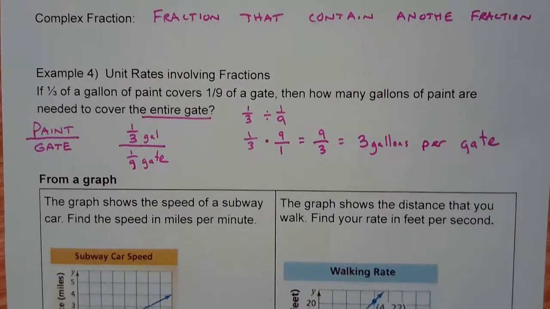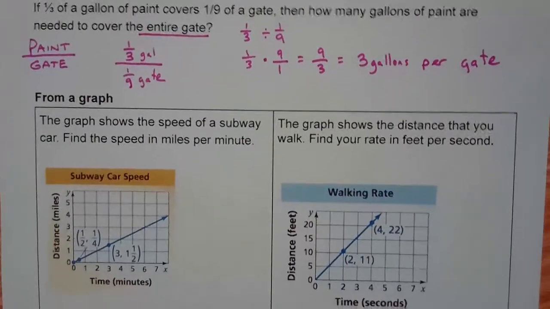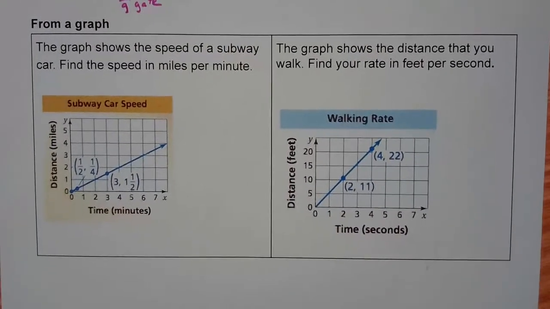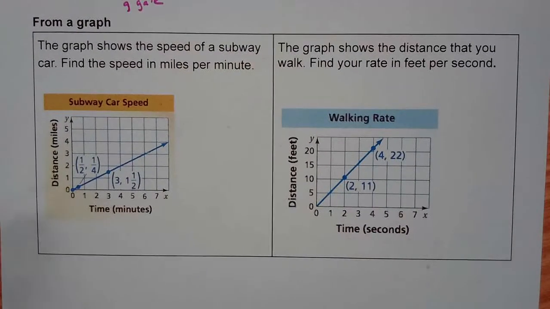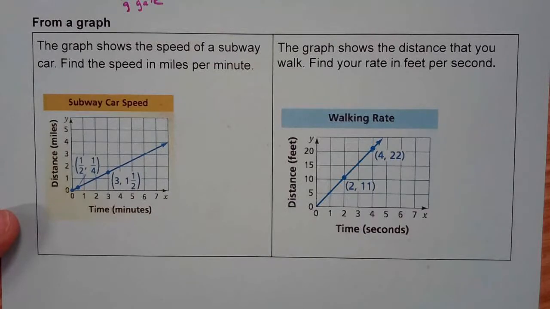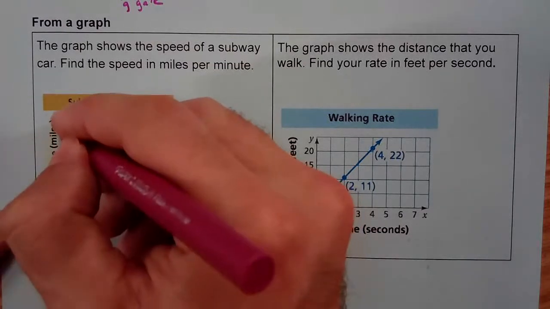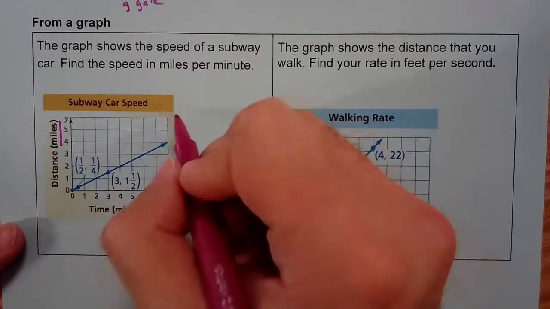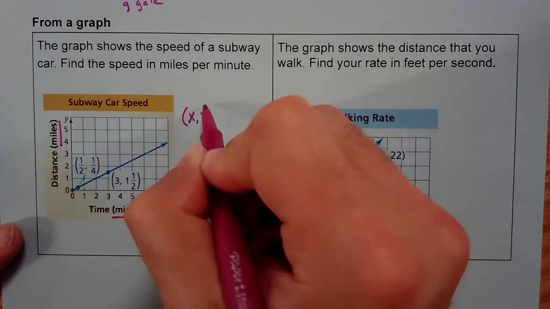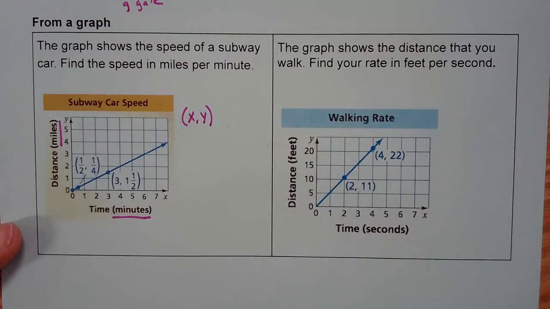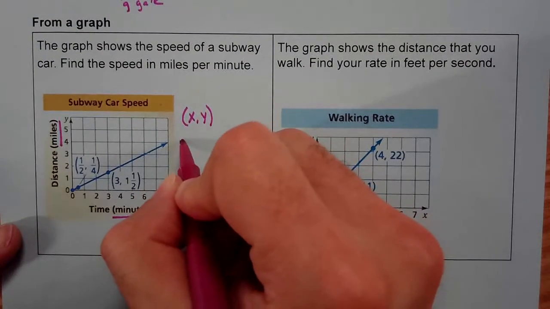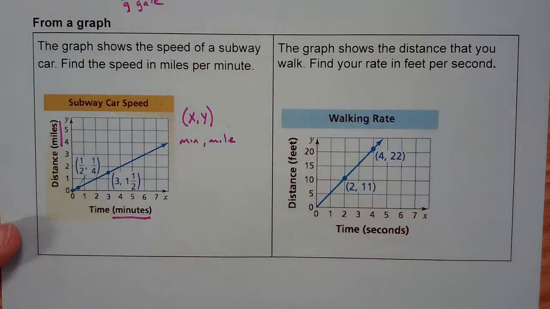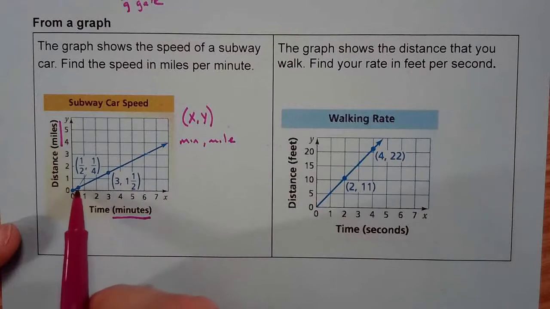All right, from a graph. The graph shows the speed of a subway car. Find the speed in miles per minute. Just as a reminder, x comma y is my coordinate plane. Minutes for x, miles for y. I can choose either of these points.